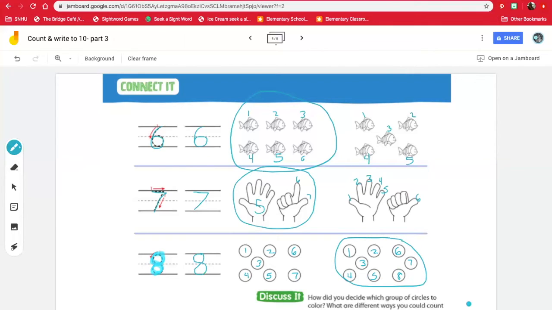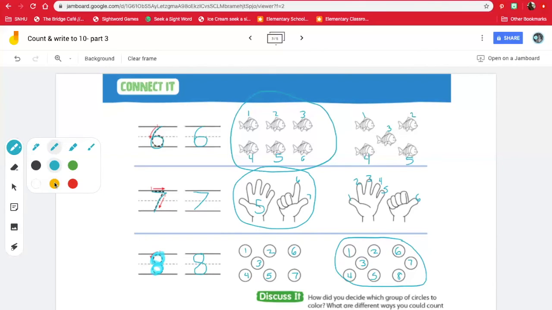Now, how did we decide which groups of circles to circle? Well, we counted and we wrote our numbers in the circles to remember how many there are. So, different ways you could count is you could write the numbers in. You could just count with your fingers and remember how much there were. Or you could color the circles as you go to remember you already counted them.